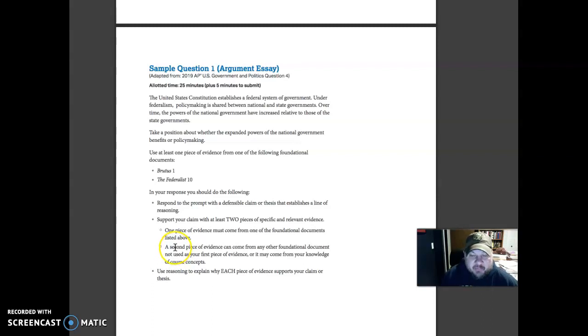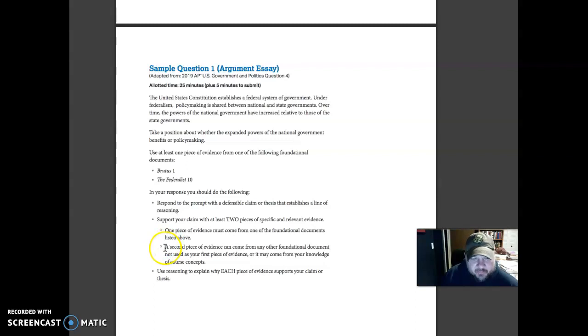I have reference sheets in the AP review folder for parts of the Constitution, the amendments, Supreme Court cases, the 9 documents that you have to know, laws, checks and balances. So hopefully that's going to help you out a little bit making your arguments.